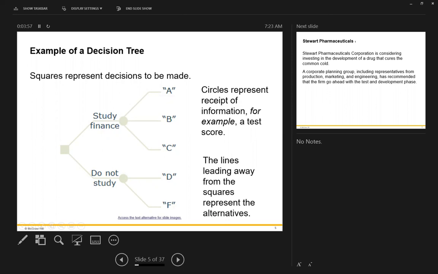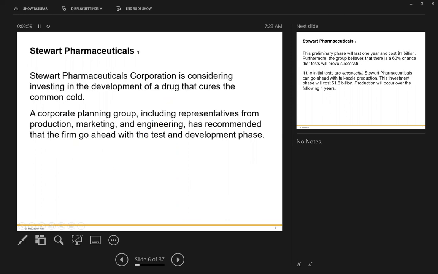Well, let's look at an example. Stewart Pharmaceuticals Corporation is considering investing in the development of a drug that cures the common cold. Oh, please. A corporate planning group, including reps from production, marketing, and engineering, has recommended that the firm go forward with the test and the development phase.